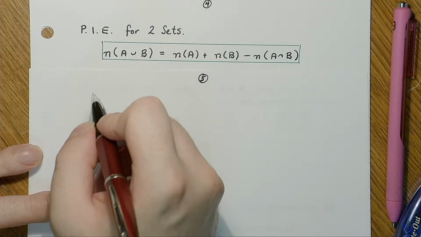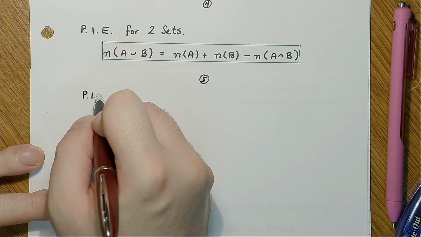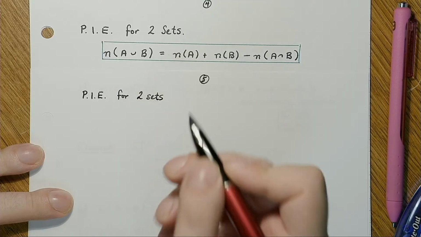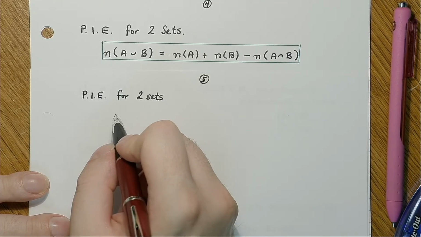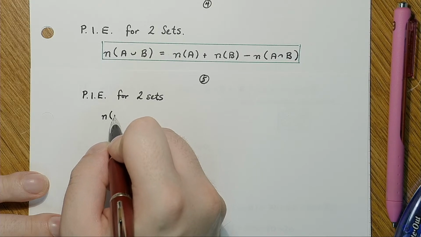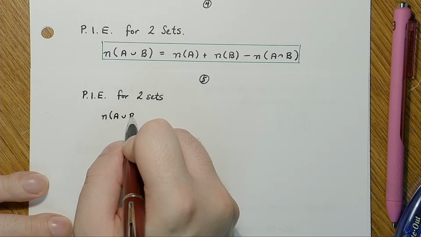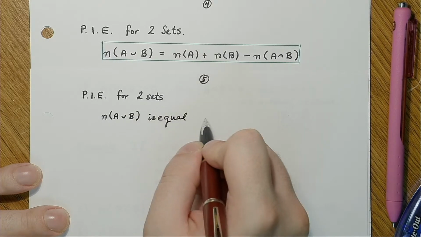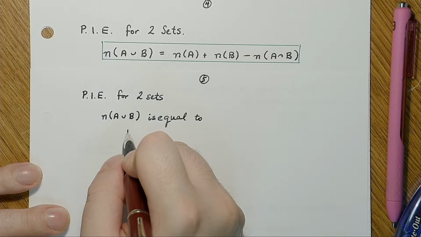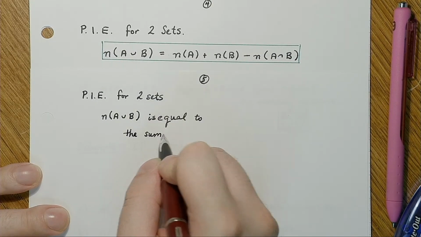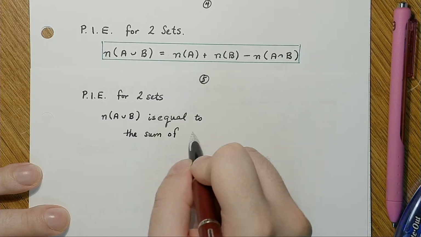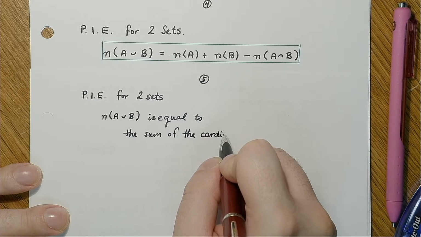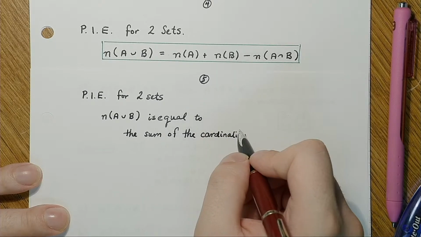When we had pi for 2 sets, it was equal to the sum of the individual sets' cardinality, or that's the number of elements, right?